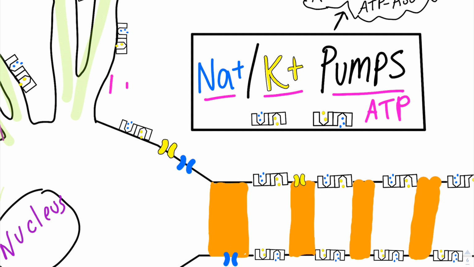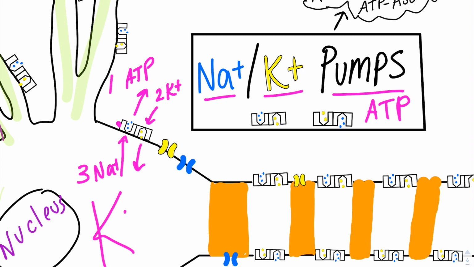So for one ATP, working with this sodium potassium pump, you get 3 sodiums pumped out of the cell. And for that same cost of 1 ATP, you get 2 potassiums pumped into the cell. And now you're creating this gradient where you're going to have more potassium inside, and you're going to have an even greater abundance of sodium outside.